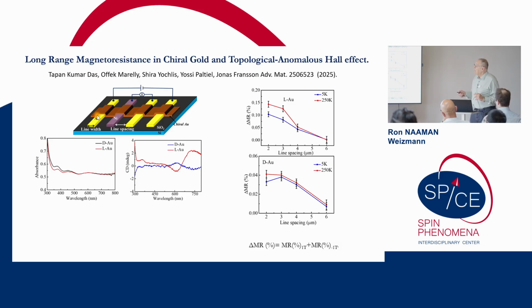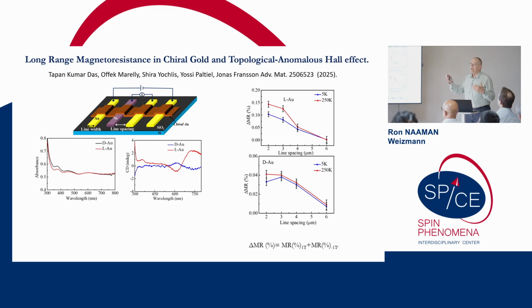Okay, so what we did, we deposited here chiral gold. How do we make chiral gold? We deposit the gold together with chiral molecules like tartaric acid, and it makes the gold chiral. So you see really spin polarization, a CD spectrum of the gold.